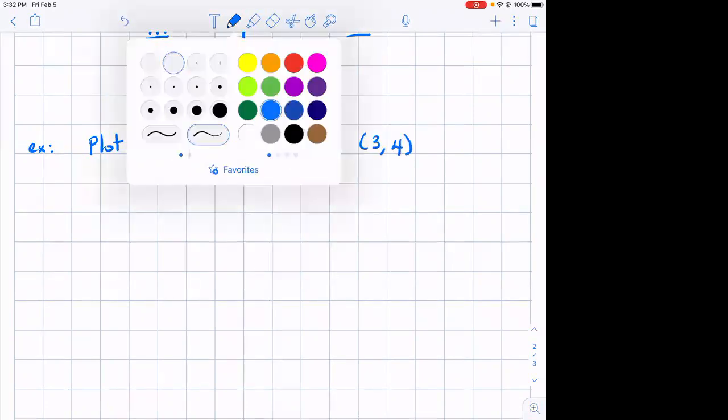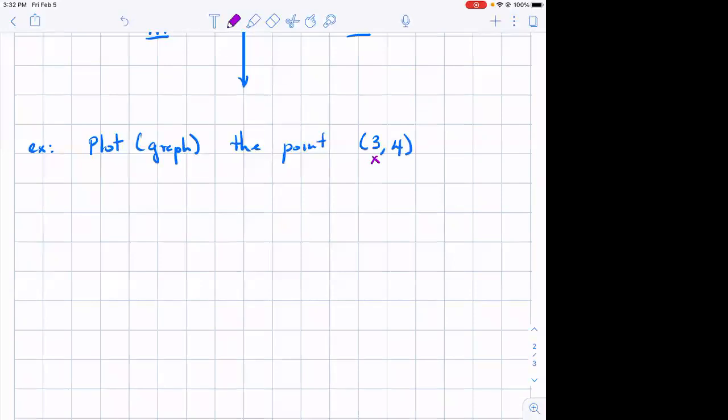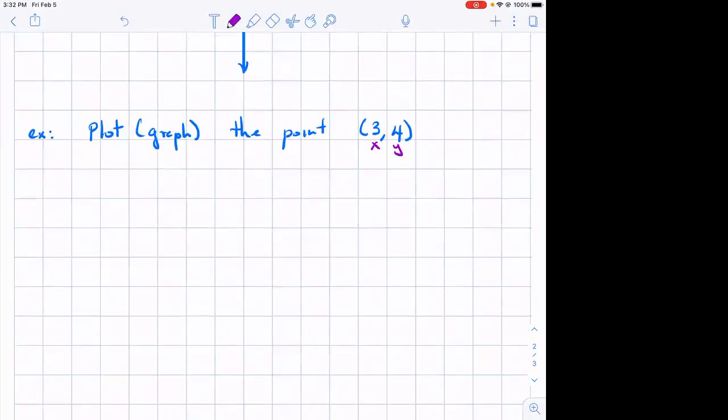You have to remember that x is 3, y is 4. Looking at this on the xy axis, it's very important you label your axis.